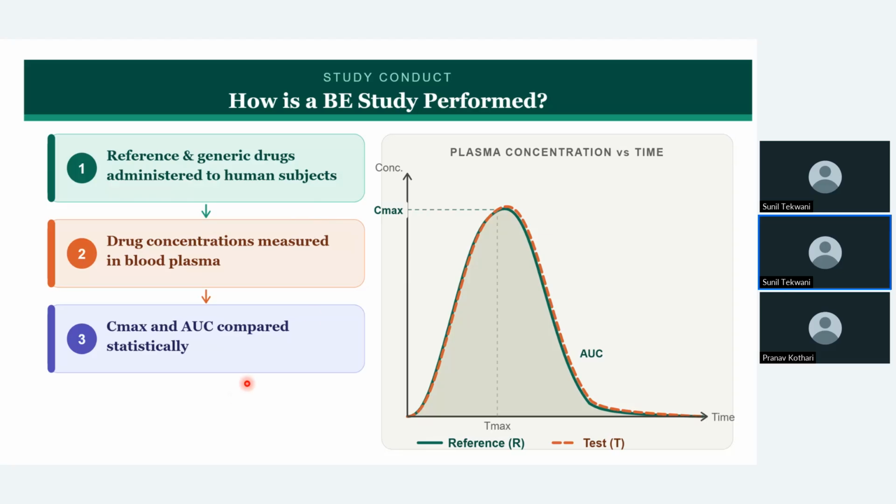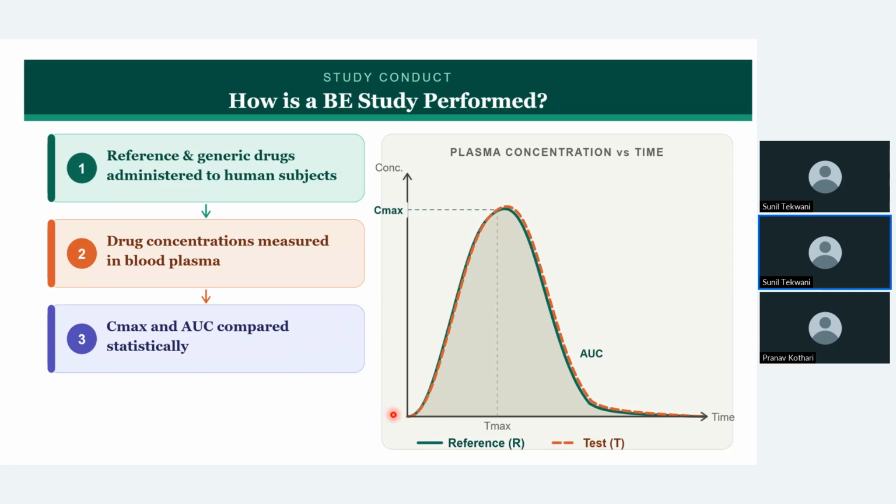And the entire time and extent when the drug remains in the bloodstream can be given by this AUC. This shaded graph is the AUC. That means how long a drug stays in the body. So here you can see what is compared.